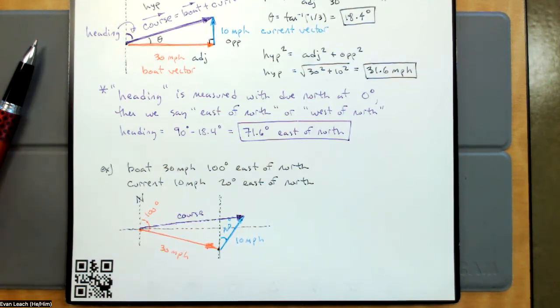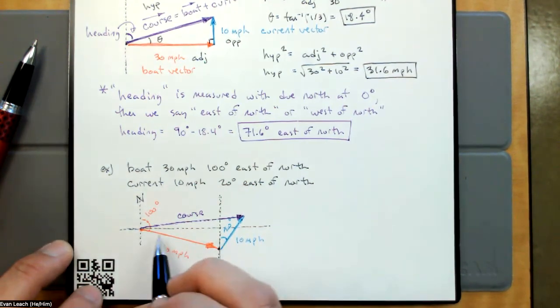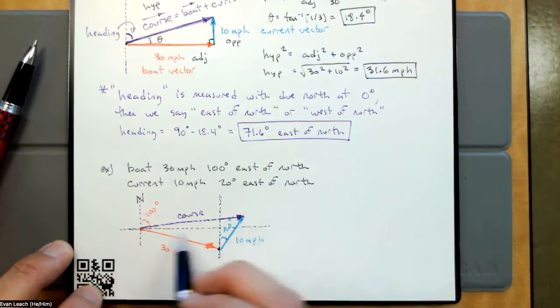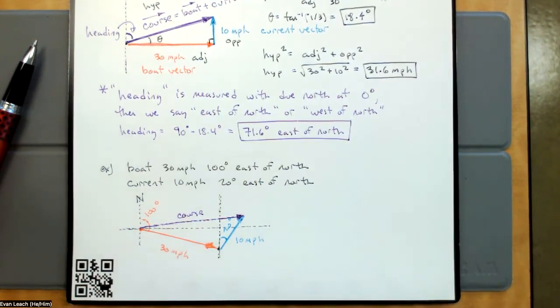We do know that the sum of the angles is 180 degrees, but I don't have an angle in the triangle. I've got a piece of an angle in the triangle, this 20 degrees, but I'm not even sure that the course is going to be above east. I don't know if that 10 miles per hour is enough to push our course above due east, like I have it drawn.